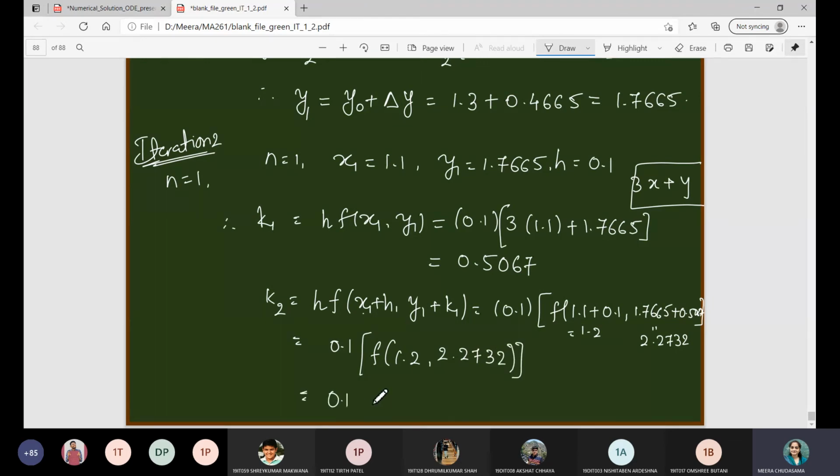That is nothing but 0.1 into the function 3x plus y. So 3 into the x coordinate, which is 1.2, plus the y coordinate, 2.2732. So what is the computed value over here? 0.5873. Correct value. I am computing it over here finally because this is the last slide.